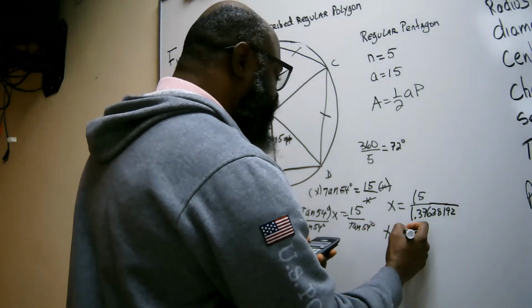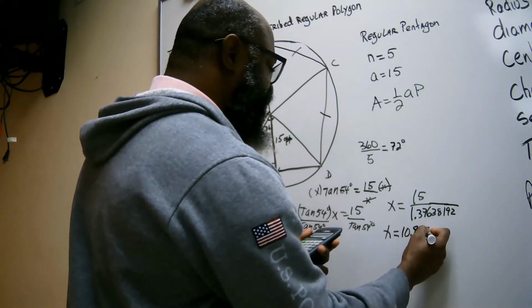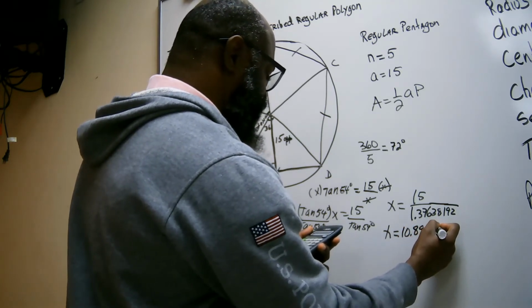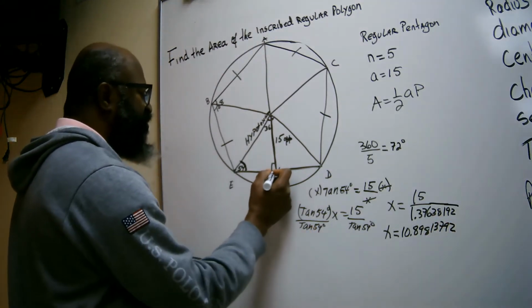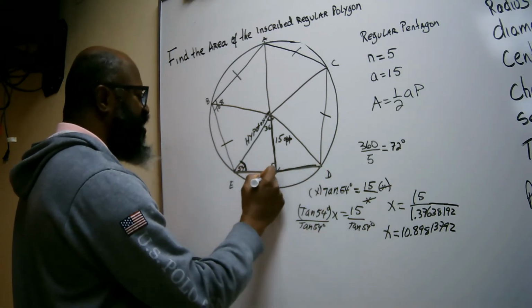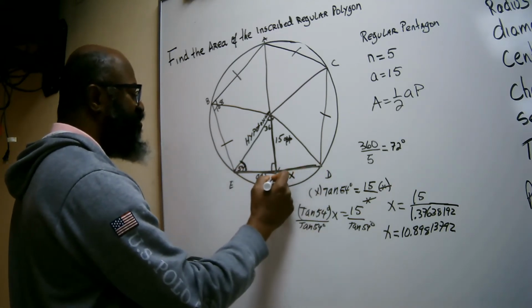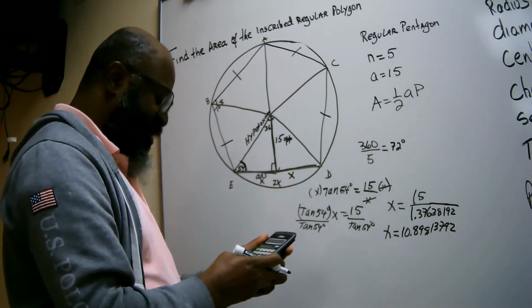That's telling me this is 10.89813792. This is only from here to there. So I need the entire side. I'm going to double it. If this is x, this is x. That's going to give you 2x. So once we find x, we multiply it by 2. That will give you this side.